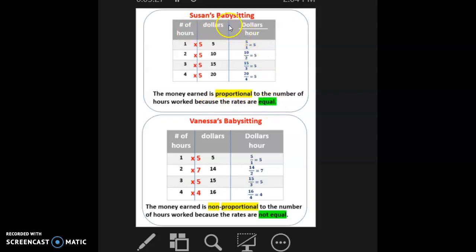So the relationship between dollars and hours is proportional because the unit rates are equal. For Vanessa, the money earned is non-proportional to the number of hours worked because the rates are not equal. We could use the word equal, or we could use constant, or we could use not equal, meaning not constant.